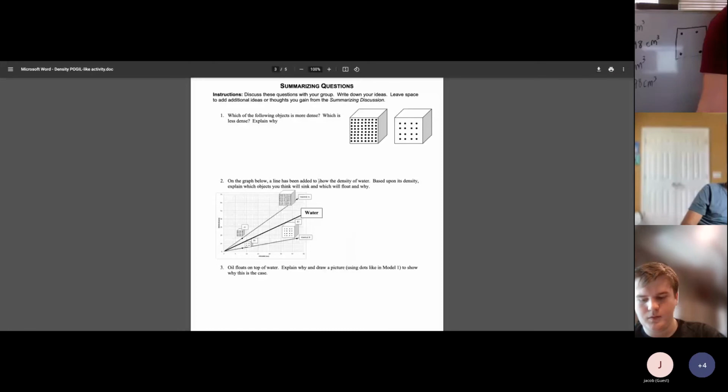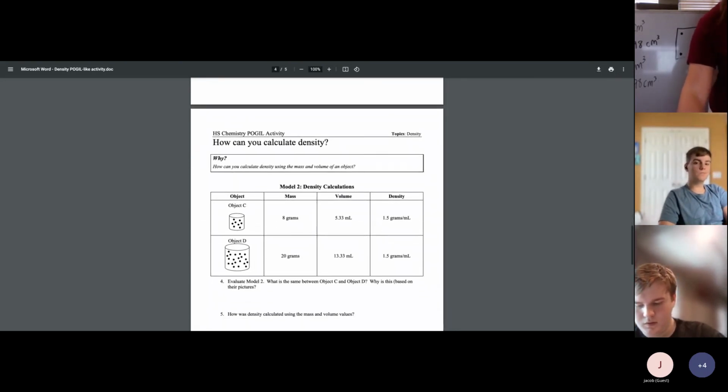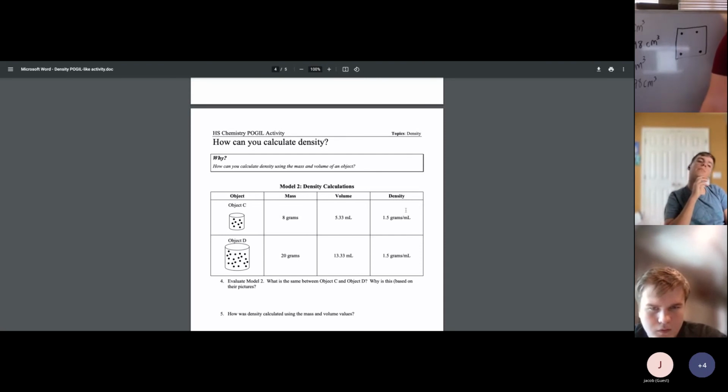So now, how do we actually quantitatively calculate density? Because that's the last math part for here. So we see over here, our density is a gram per a milliliter. So when we see this slash right here, that should clue us in mathematically to how they calculated this number over here.